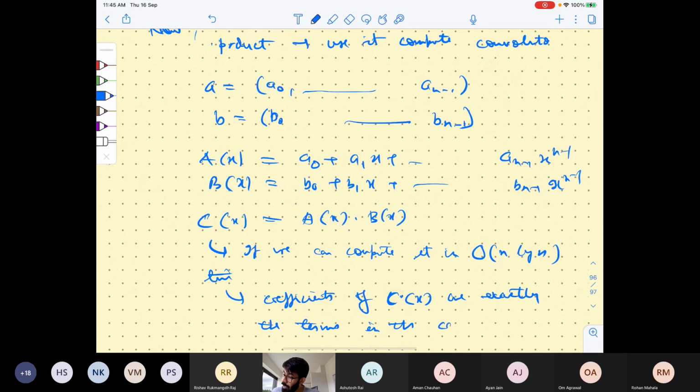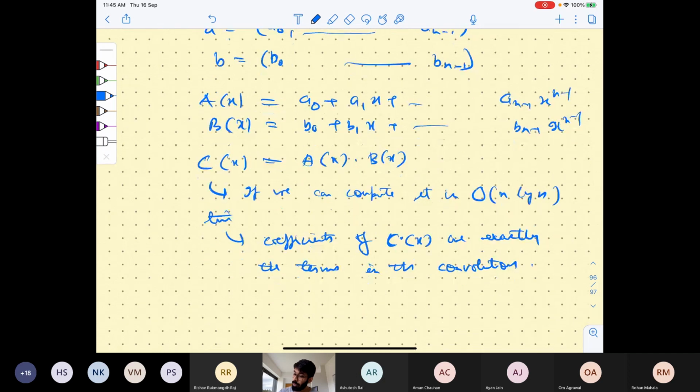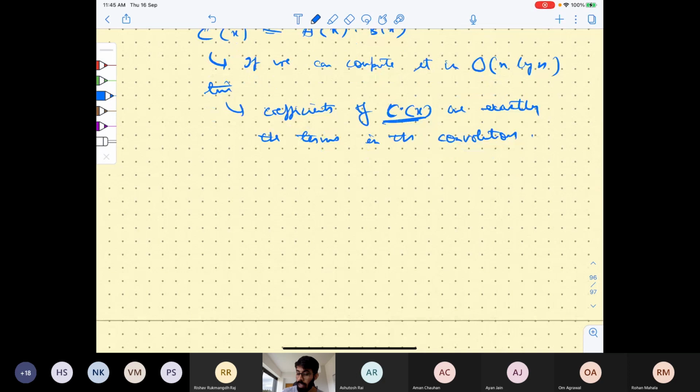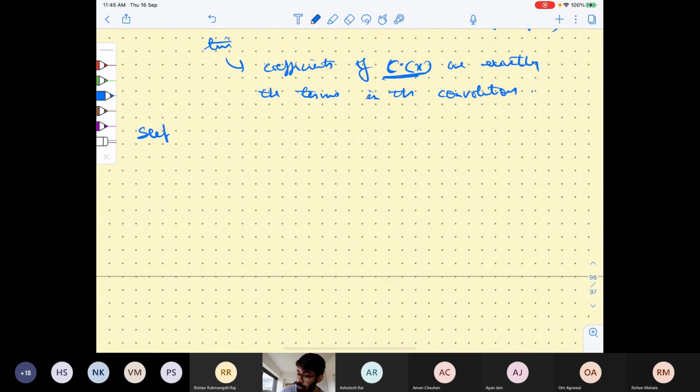Right? So here we will try to look at the polynomials and see how, using the polynomials, we can compute the convolution. So the coefficients of C(x) will give the convolution vector. So how will we do that? What are going to be the steps?